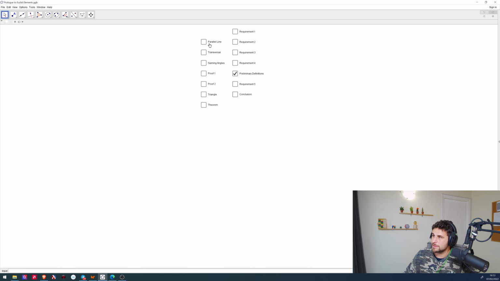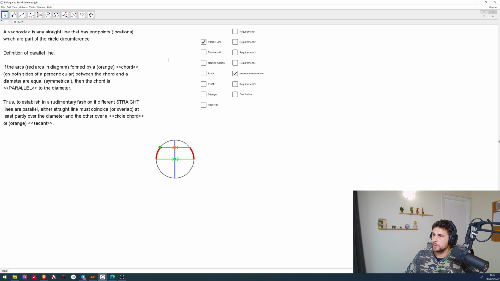There's a lot involved in the fifth requirement, so I'll just give you a quick overview for you to appreciate the complexity, and to create a sort of mind map around the whole thing, and then we'll attack each point one at a time analytically. So we need to define a parallel line, and to define a parallel line we have to define a secant line.